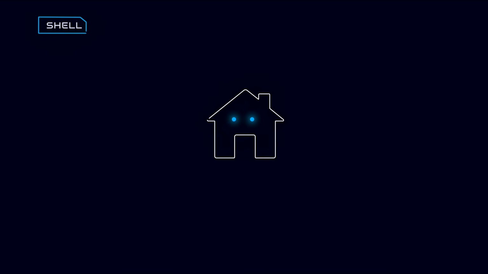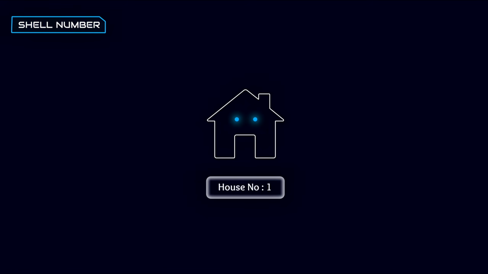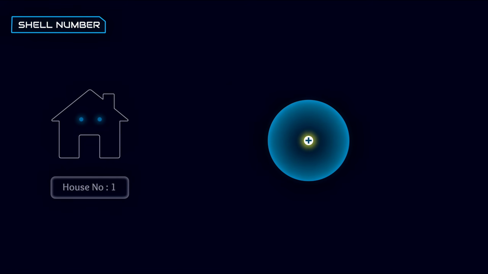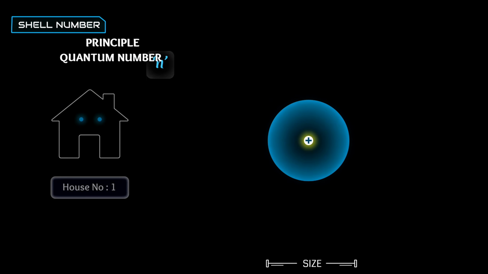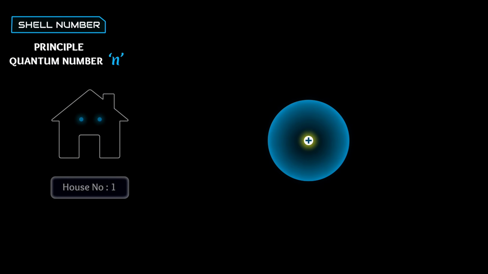A shell is the home for electrons, and the shell number is like the house number. It represents where electrons can be found and the size of the electron shell, denoted by the number n, called the principal quantum number. This number is similar to Bohr's model of orbits, but instead of fixed orbits, it determines the size of the electron cloud. The first shell is n equal to 1.